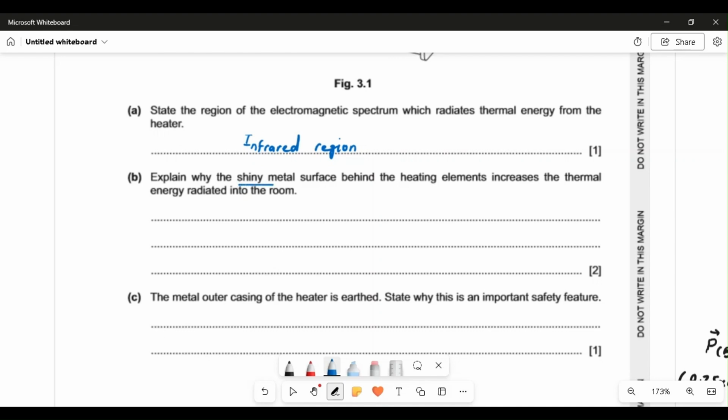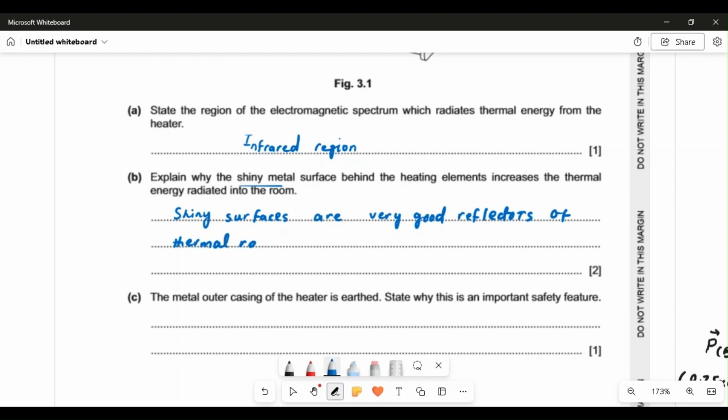We know that shiny surfaces are very good reflectors of thermal radiation.